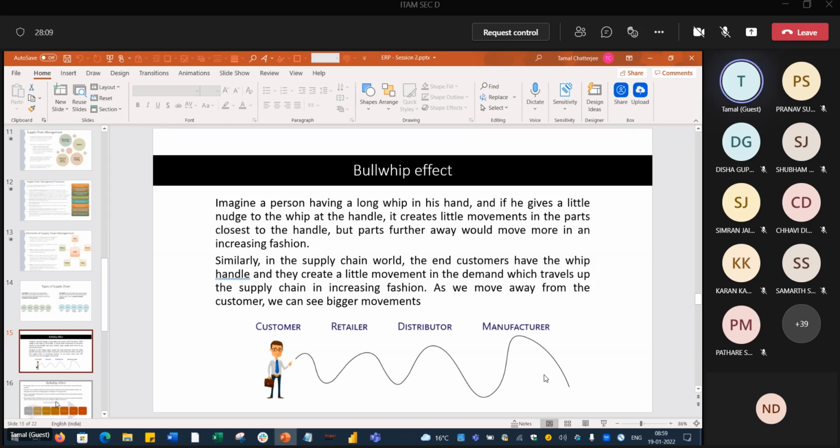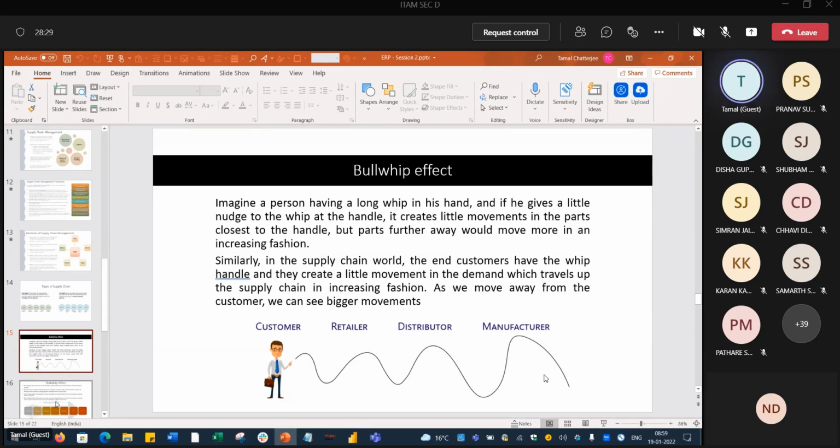So if the customer is holding a whip and gives a nudge, it will have a small movement in the retailer, a bigger movement in the distributor, and the biggest movement in the farthest part, the manufacturer.